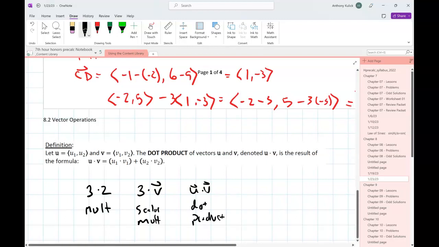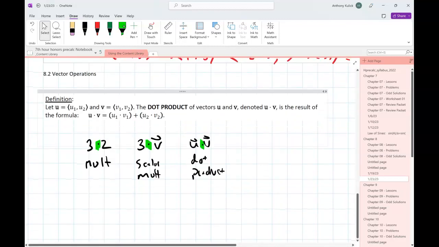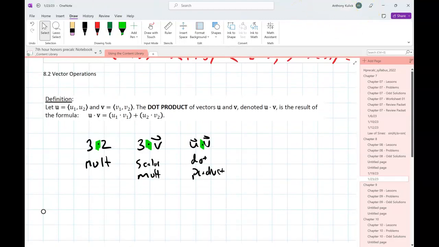So again, that dot has 3 different meanings. How do you tell which one we're talking about? Context, right? Number and number, we're talking multiplication. Number and vector, we're talking about scalar multiplication. Vector and vector, we're talking dot product. So again, have to be careful and think about, okay, what is the context here?